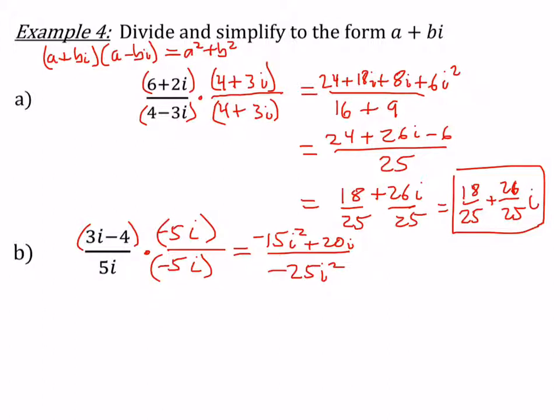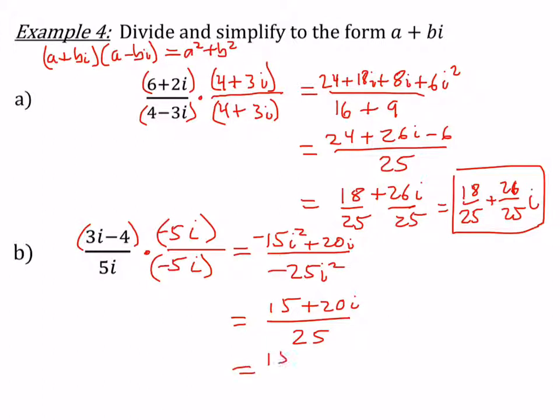Well, this negative 15i squared, that i squared is negative 1 times negative 15. That's just positive 15, plus 20i. And the bottom, this is negative 1 times negative 25, and that's going to be positive 25. And now we're going to see all those 5s cancel out.